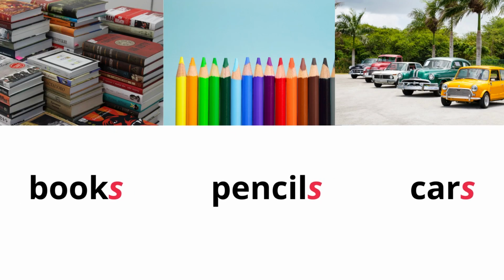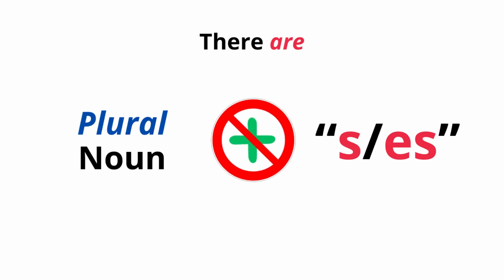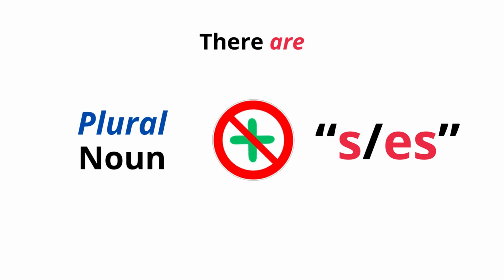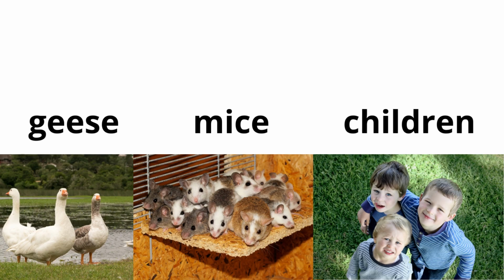Examples of plural nouns include books, pencils, cars. However, there are also nouns that are plural without the ending s or es at it. Examples include cheese, mice, children.